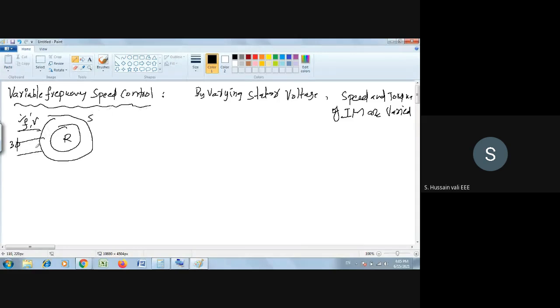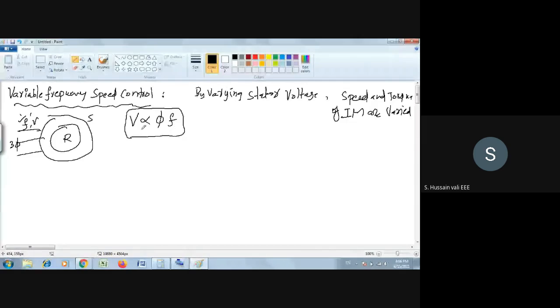For that you require some equations between the frequency and some other quantities. First we will see that voltage is proportional to flux multiplied by frequency. Recall the EMF equation, the EMF induced in an AC coil.